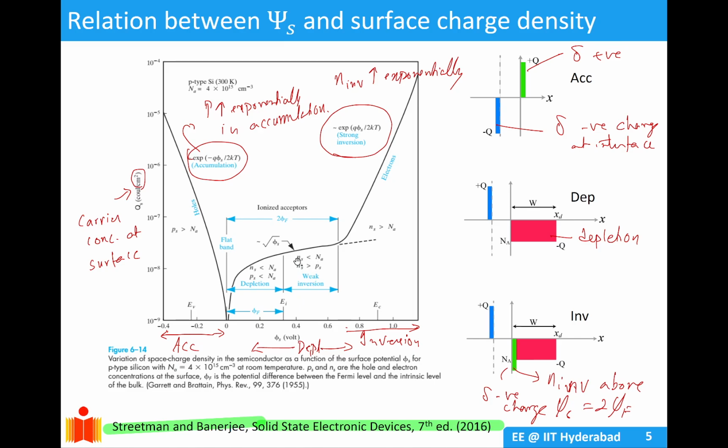At that point, your surface electrons are greater than surface holes, but your surface electrons are still less than Na. But in the strong inversion region, your surface electrons are greater than Na.